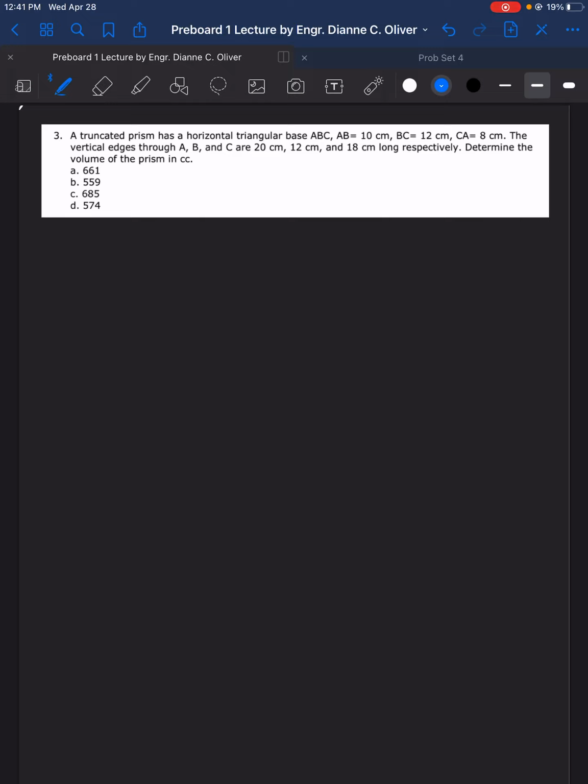Determine the volume of the prism in cubic centimeters. Letter A, 661. Letter B, 559. Letter C, 685. Or letter D, 574.